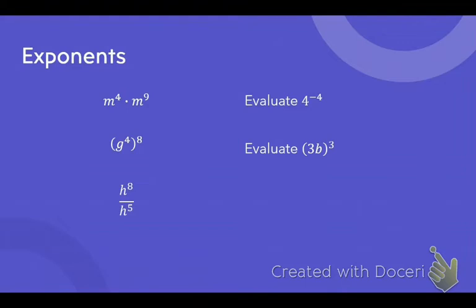Okay, you guys ready? Which property did you use to solve the first one? What was it called? Yes, but what was it called? No. Product of powers. So here's why I'm asking you that.